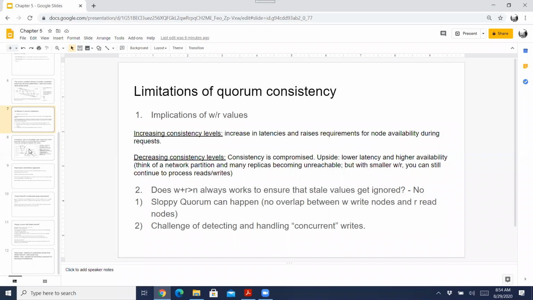Yeah. So if we wanted high availability, then we want to go for that sloppy quorum. When you say high availability, does it mean that it will just return a response and it can be a wrong or stale response? Availability is an overloaded term, right? It depends on how you say it.